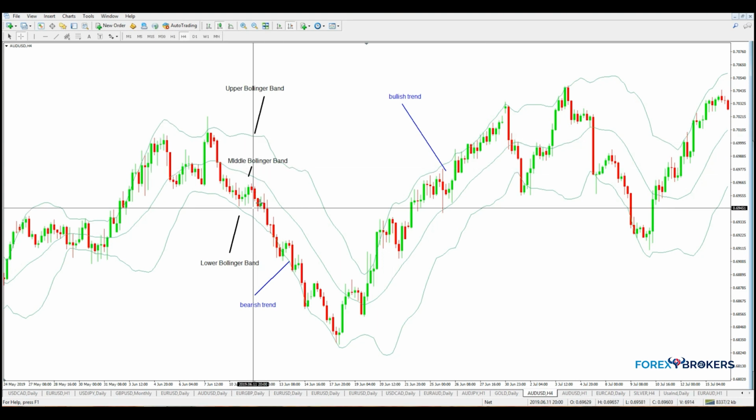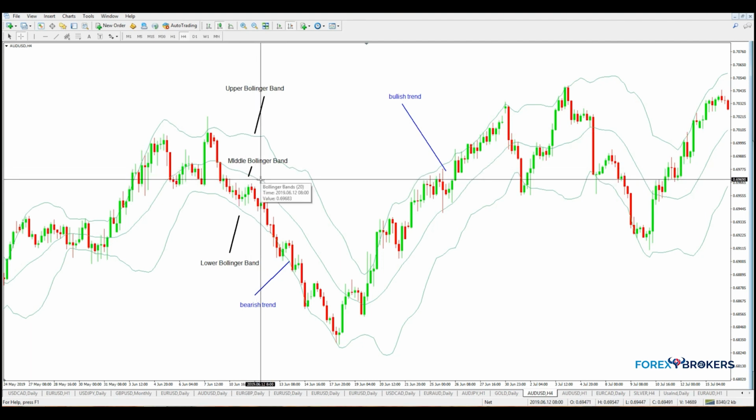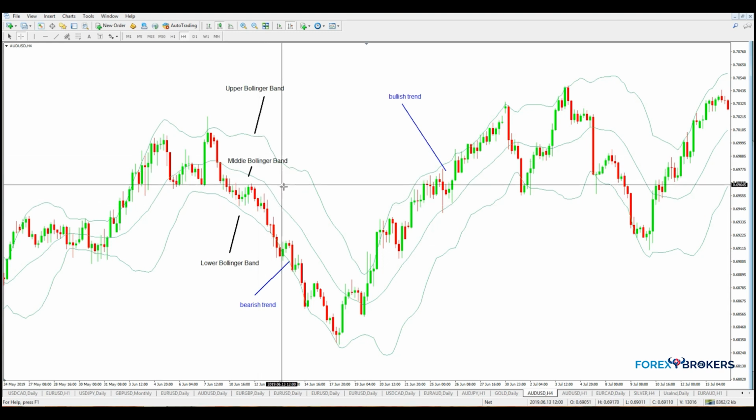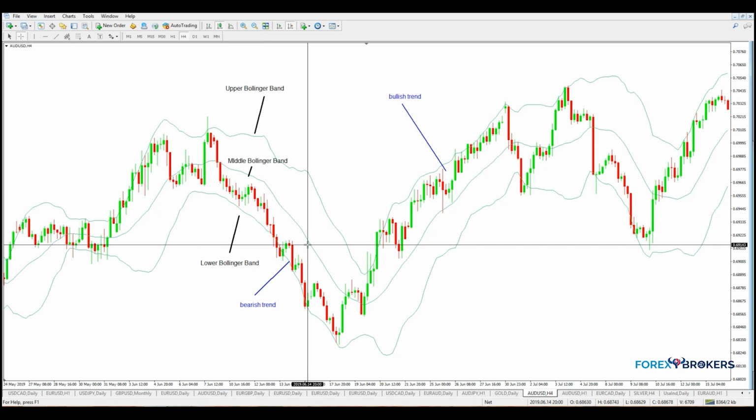The Bollinger Bands indicator, the middle Bollinger Band, usually is an EMA. You will see, if you check the article on the moving average, what's the difference between the simple moving average and the exponential moving average and so on. Usually it is an EMA because it follows price a bit closer, reducing the lag between the price action and the price.